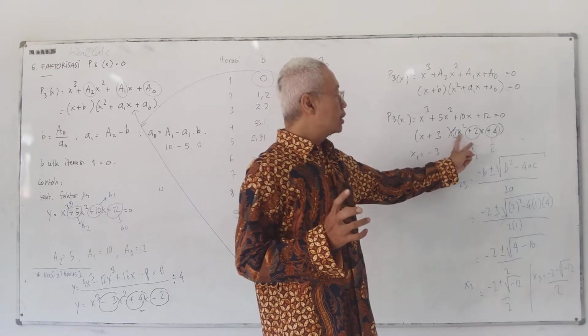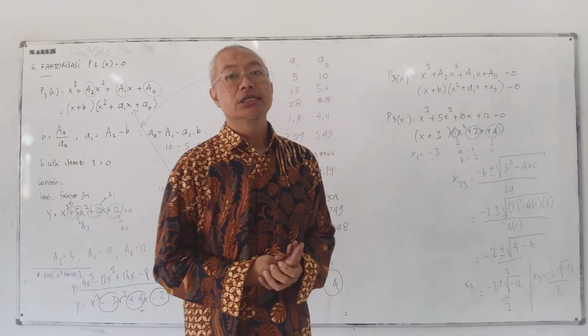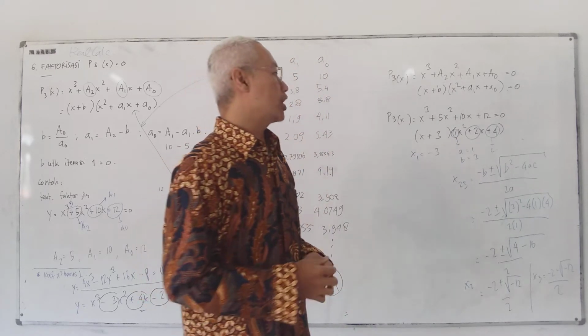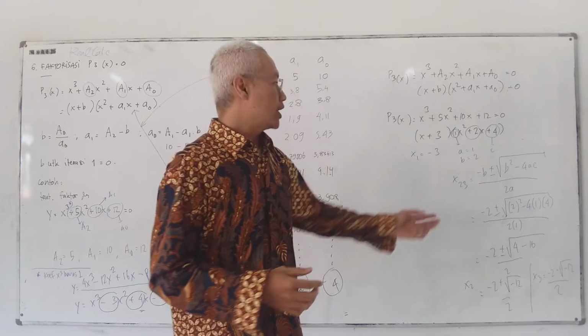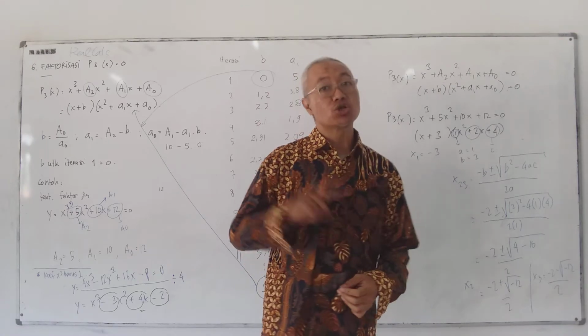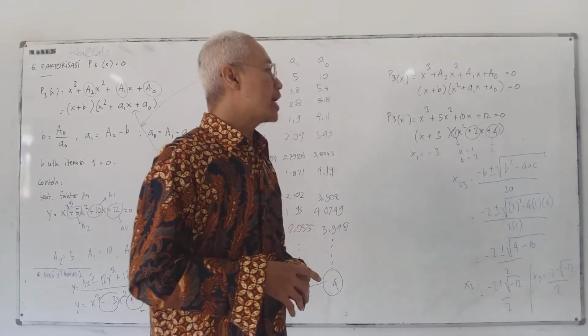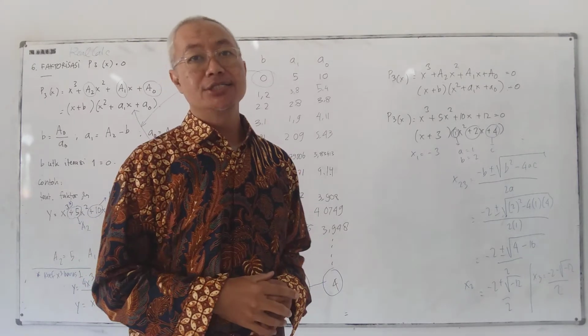We can solve the square equation by factorization, or if you have difficulties, we can use the ABC formula: minus b plus minus root of b squared minus 4ac, divided by 2a.